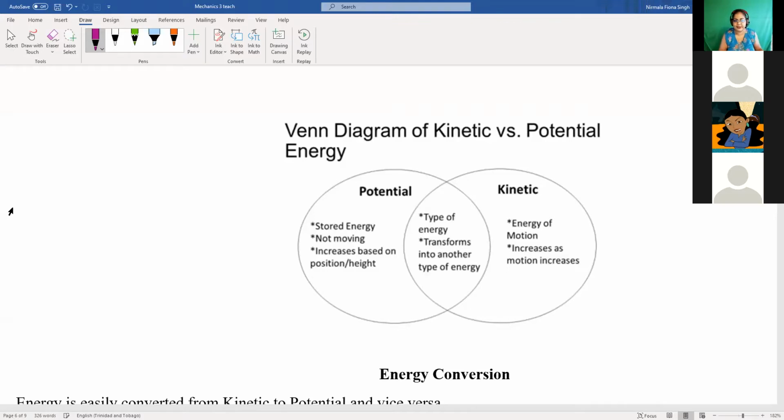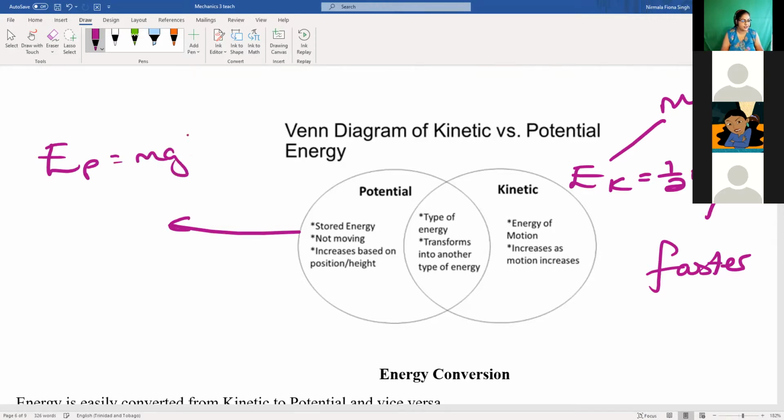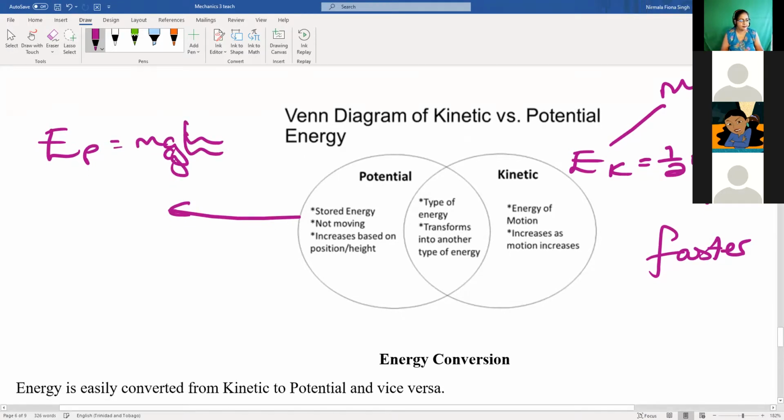Why does it increase as motion increases? Because EK is equal to half mv squared. So if something goes faster, it's going to have a greater kinetic energy. And for potential energy, EP is equal to mgh, right?